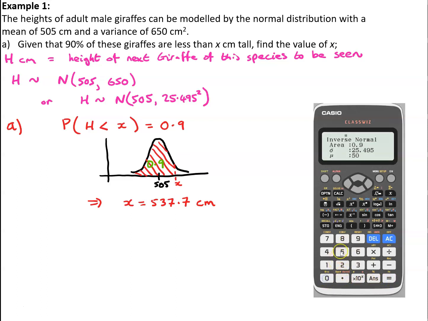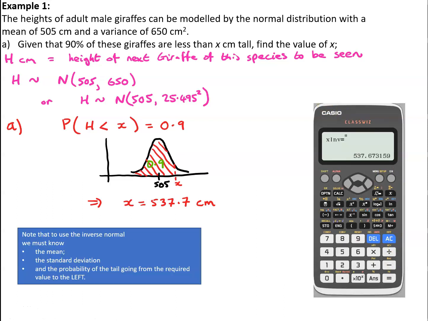And when we've put the mean in, we need to press equals twice, and that then will give us the value of x as being 537.7.